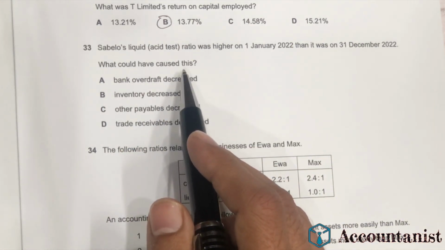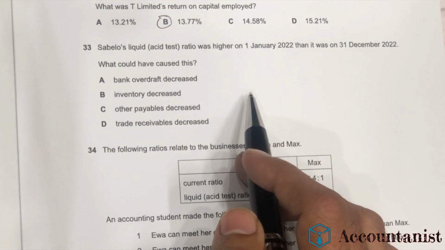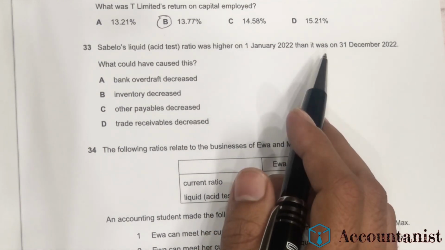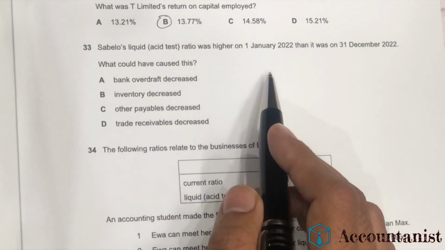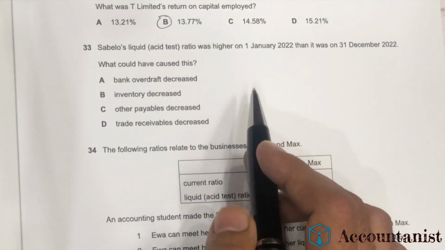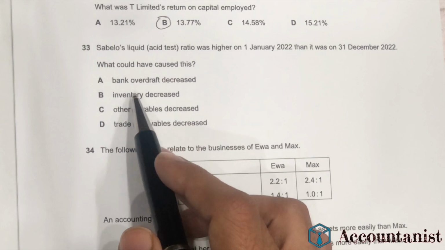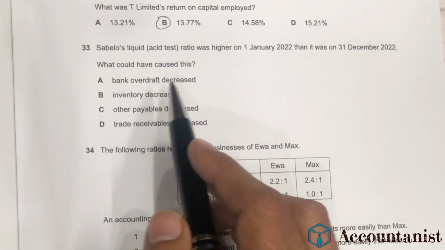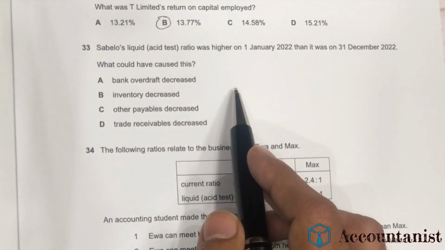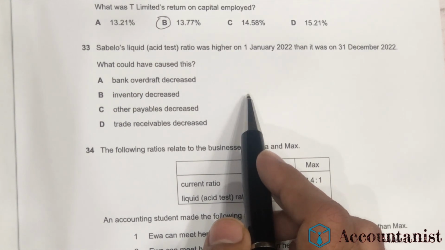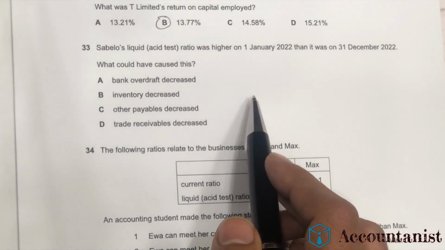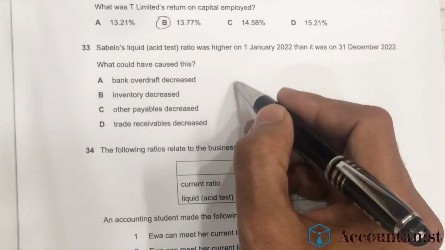So I always tell my students, we have a numerator and a denominator. If there is a reduction, it means there is a reduction in our numerator figures, or an increase in the denominator figures. So bank overdraft decreased. Bank overdraft decrease means current liabilities is going to decrease. If the current liabilities is going to decrease, it will not be the right answer.